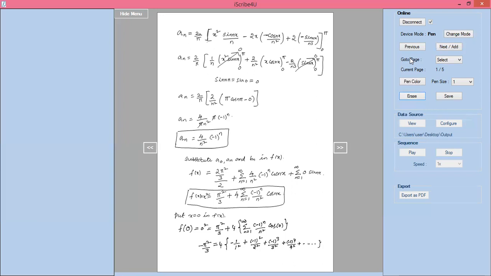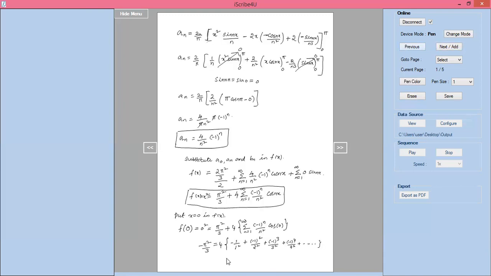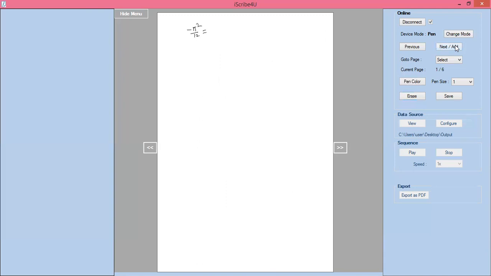You can write. So now we'll simplify this. We can take this 4 to that side. If we bring that to this side, you will get minus pi square by 12 equal to minus 1 by 1 square plus 1 by 2 square minus 1 by 3 square plus 1 by 4 square minus and so on.